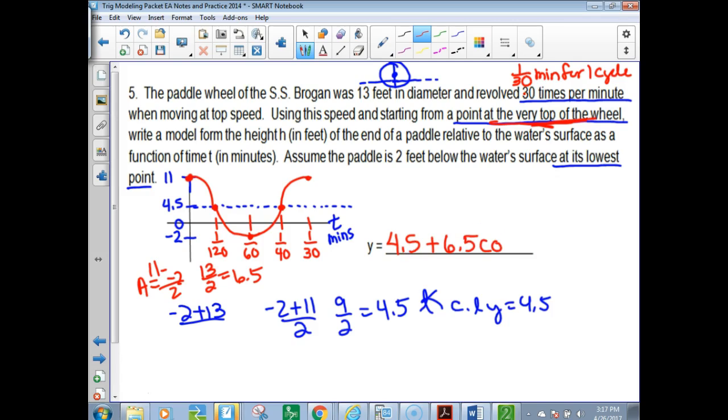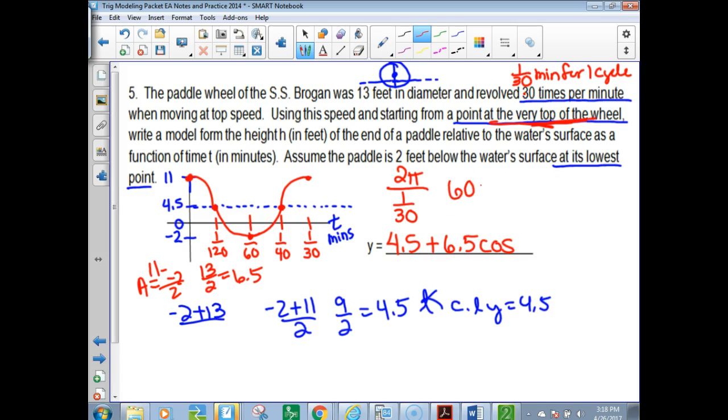6.5 cosine. All right, now comes the part that sometimes we make more mistakes on: what's the B value? We take the old period, since the cosine cycle is normally 2 pi. It has been completely compressed. We divide by the frequency, which was 1 every 1/30th of a minute.